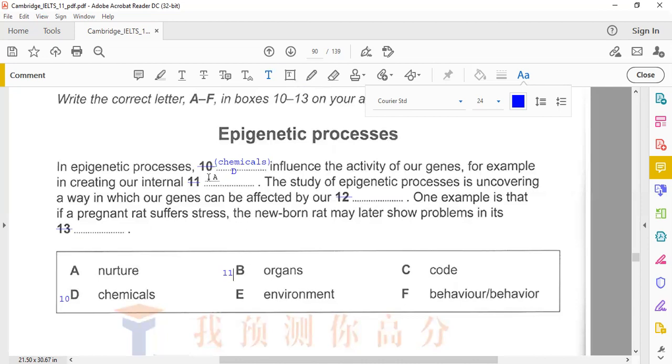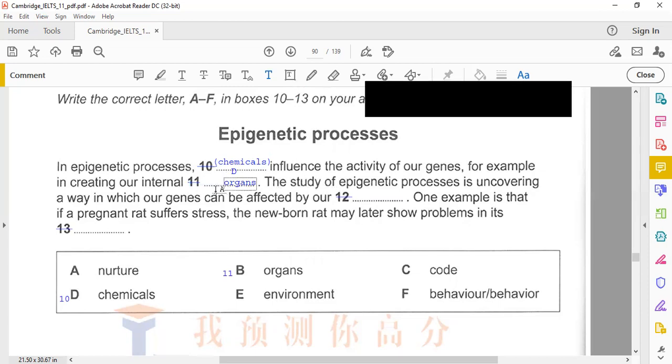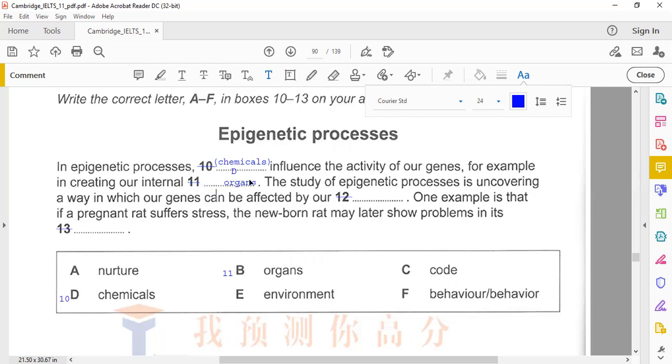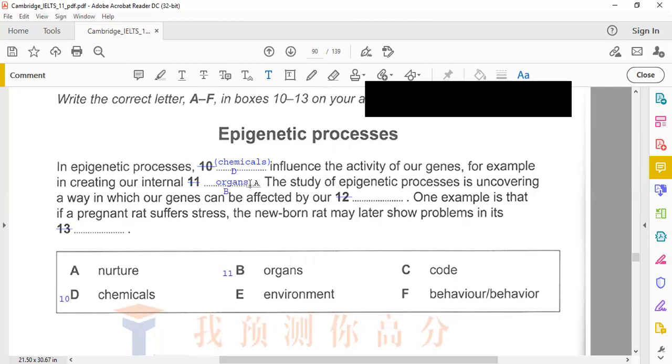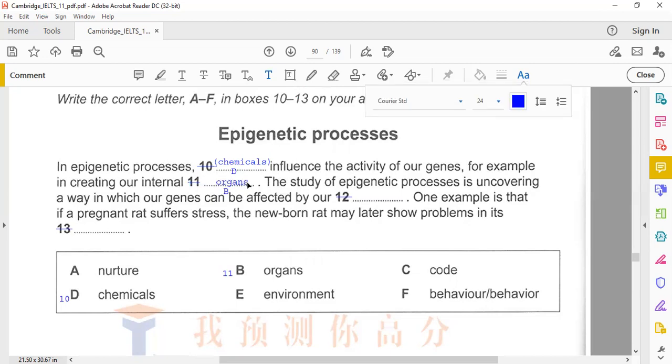Here I should write organs, and the option is B. I'll put a bracket on both sides.